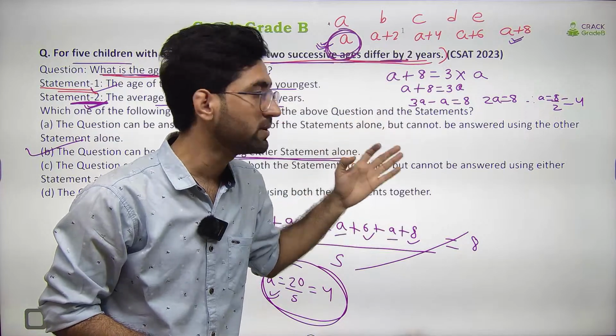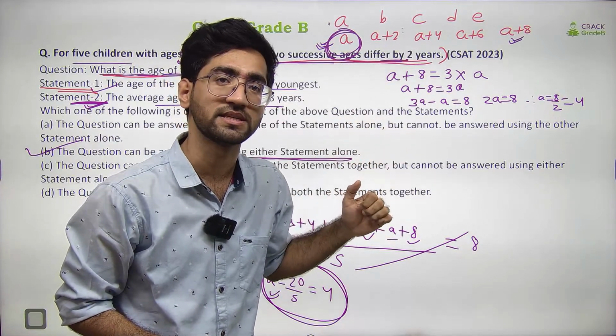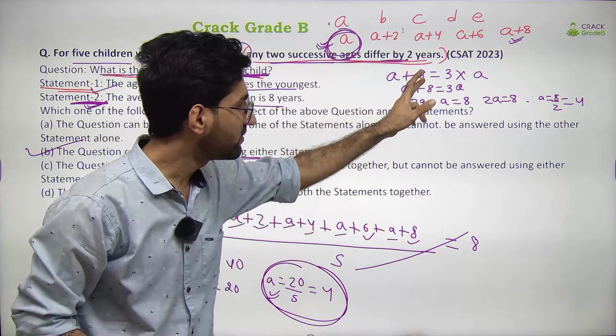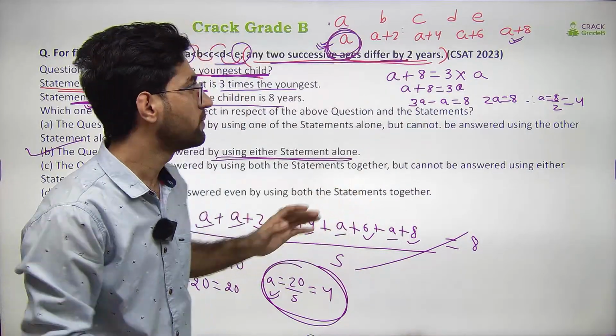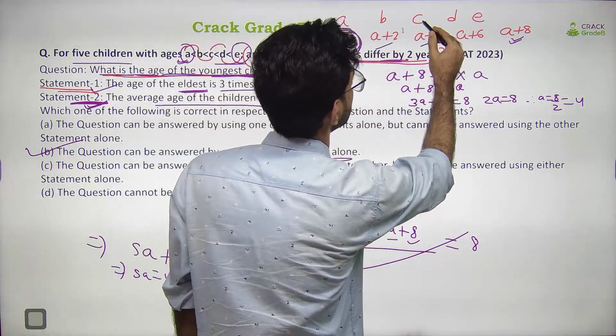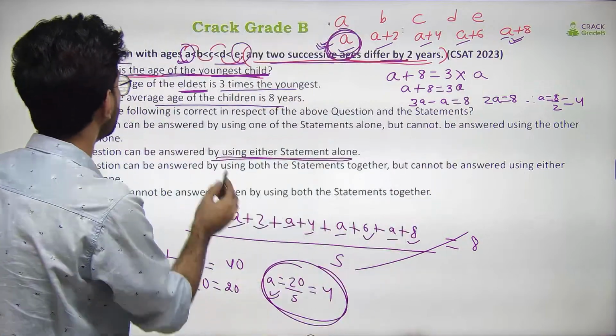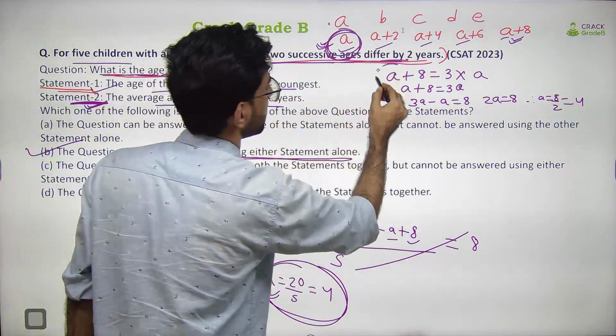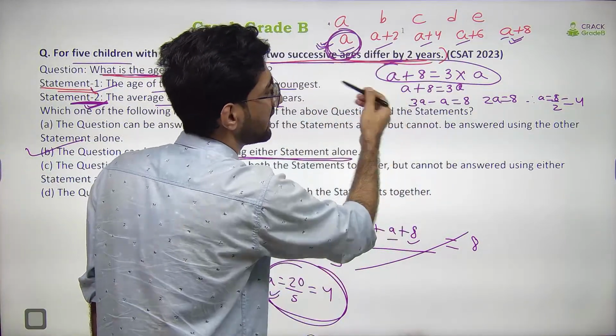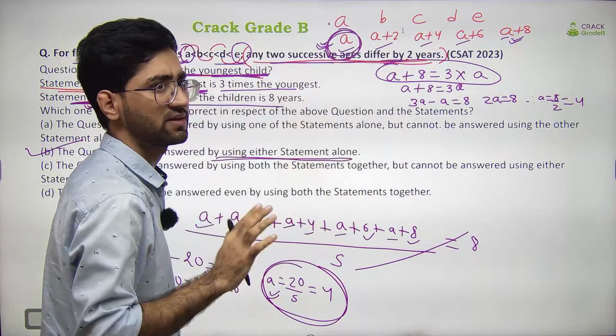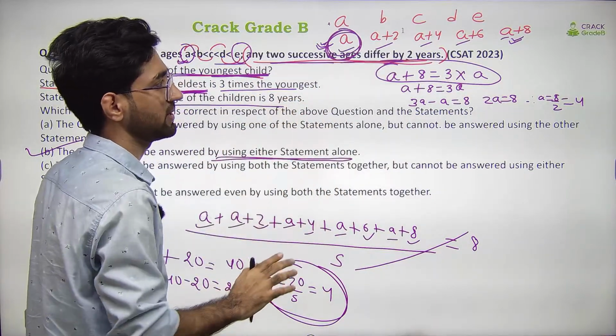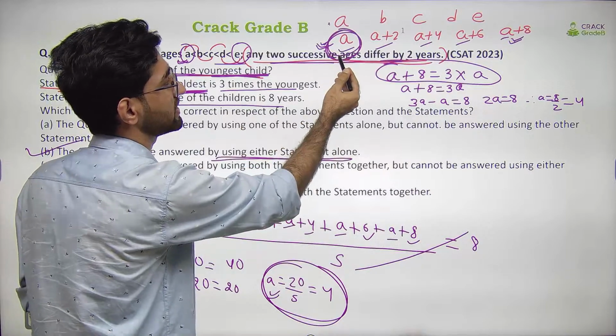Suppose you have solved a number of questions related to data sufficiency, will you really find the exact value? No. Once you write these values in A, you will look at this question, you will write this equation, and you will know that, okay, I can find the value of A by using statement 1 alone, and A is the age of the youngest one.